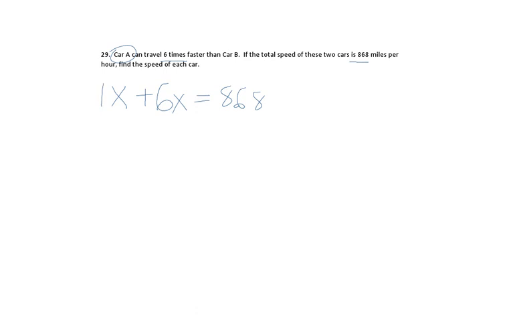Well, look at the like terms. 1x plus 6x is 7x equals 868. And then we'll divide by 7. 868 divided by 7 is 124. Now that you know your first answer, all you have to do is subtract from the total to get the second answer.